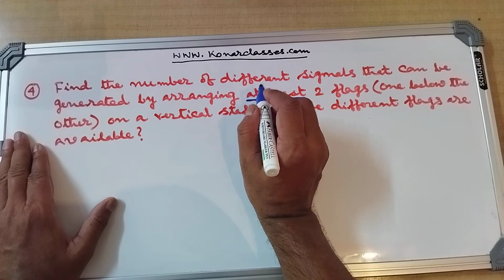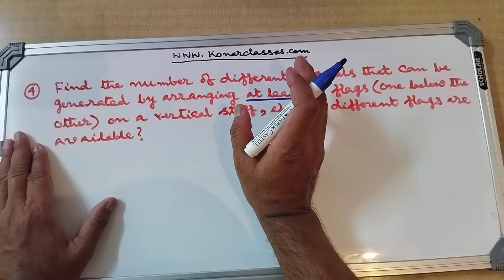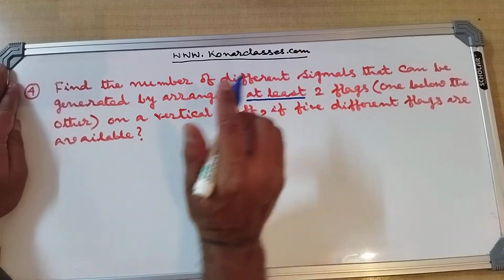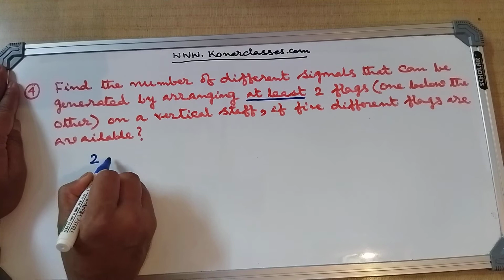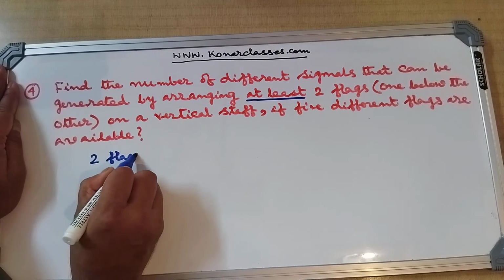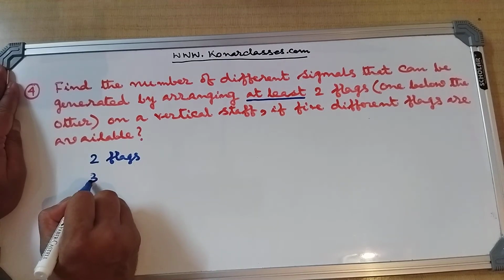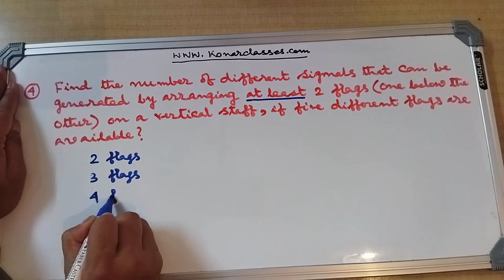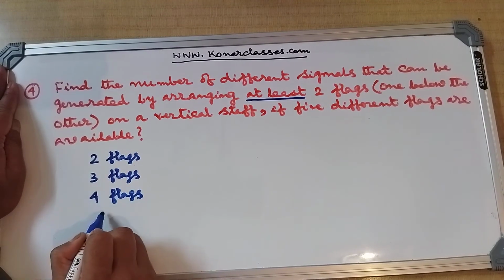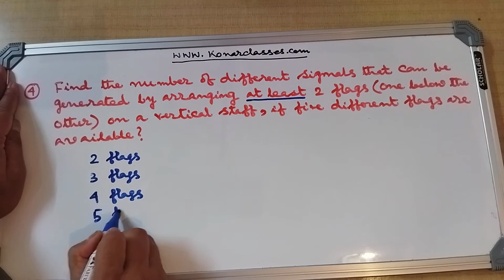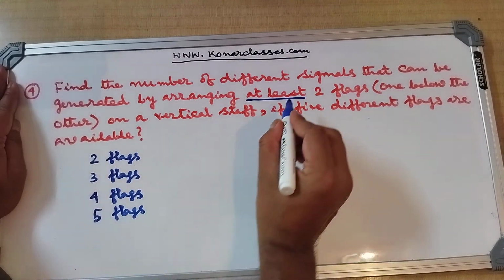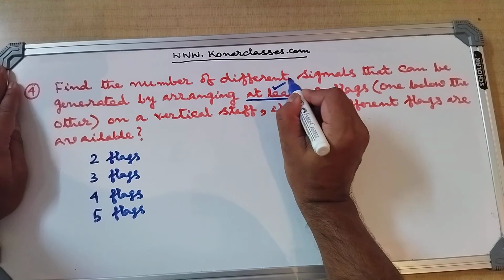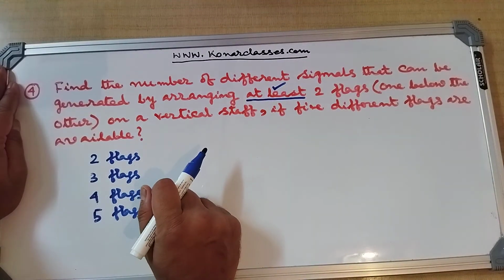So a signal can consist of either 2 flags, or 3 flags, or 4 flags, or 5 flags, because of the usage of the word at least, so it can have 2 or more.